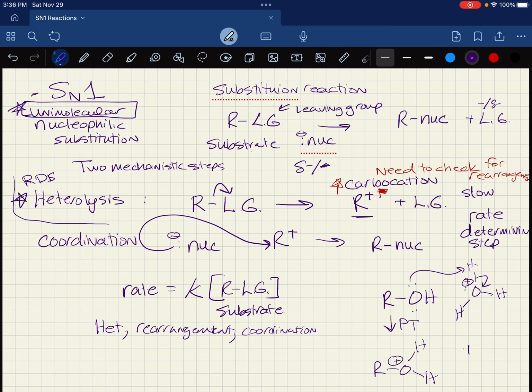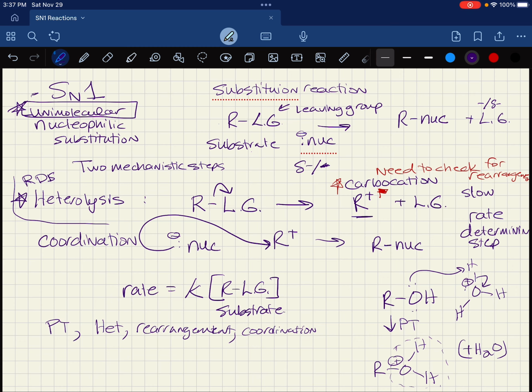What that's going to do is make it so that the leaving group can be something like water, something neutral. So if that were to happen, you might have a proton transfer before the heterolysis occurs.